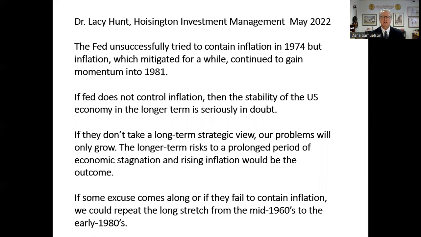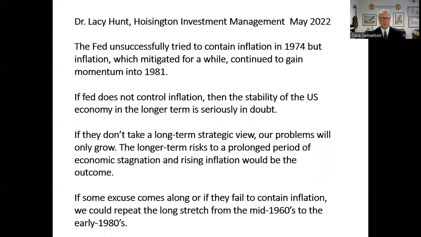The Fed unsuccessfully tried to contain inflation in 1974, but inflation, which mitigated for a while, continued to gain momentum into 1981. If the Fed does not control inflation, then the stability of the US economy in the longer term is seriously in doubt. If they don't take the long-term strategic view, our problems will only grow.